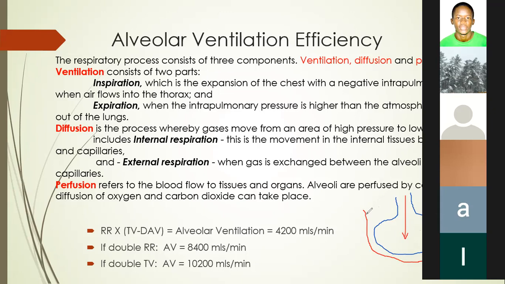This venous blood is very high in carbon dioxide, low in oxygen. It will keep exchanging, and by the time it is leaving into the venous capillary network, it will have equilibrated, and the amount of carbon dioxide here will be equivalent to what is here. And for oxygen, again, it will have exchanged to the same level.